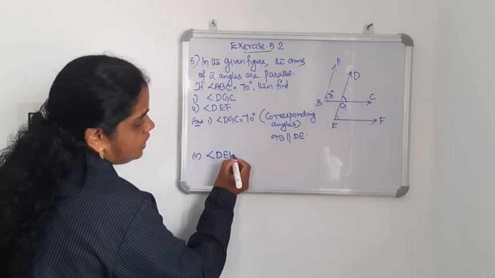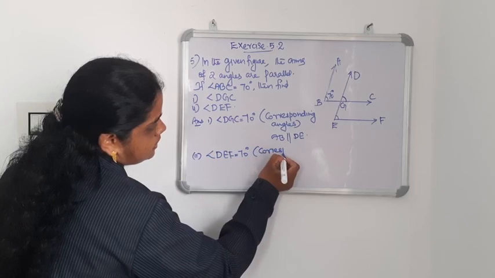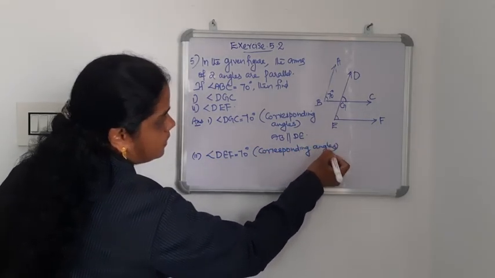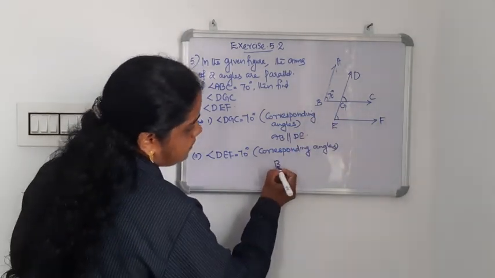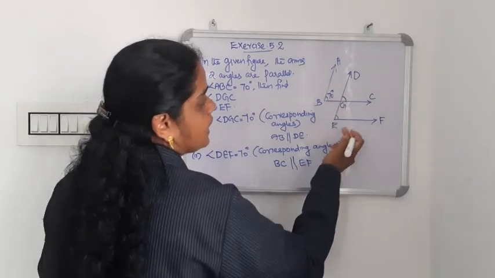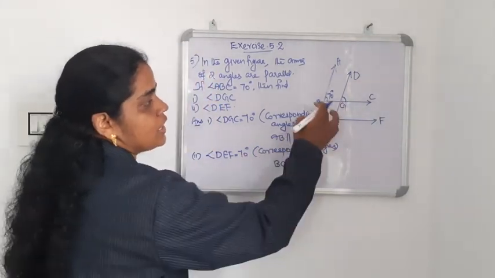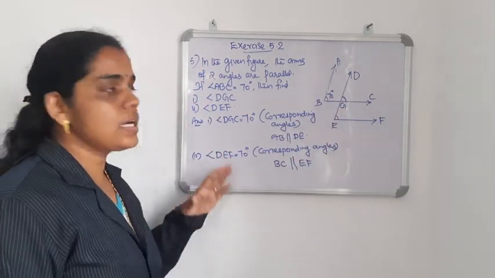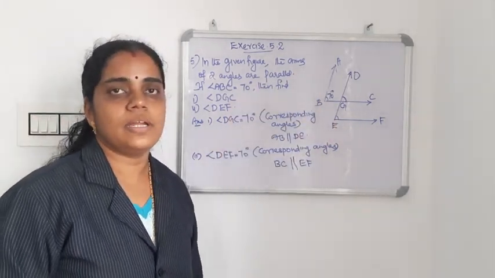Angle DEF equals 70 degrees, corresponding angle, but here you need to take BC parallel to EF, and ED is the transversal line. So these two are corresponding angles. In both cases you need to apply the corresponding angles property, but the parallel lines must be different.